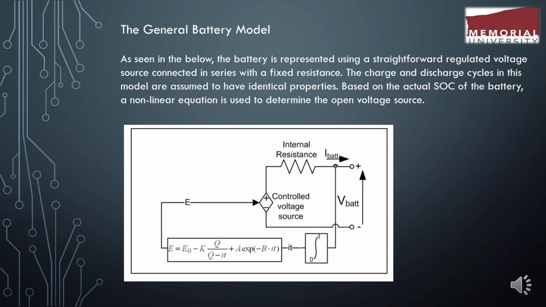About the formula in the box, R is for resistance, internal resistance, A for amplitude of the exponential zone, B for time constant inverse of the exponential zone, and as you see, V for voltage of battery, and small i for current of battery, and the integral of i dt is the actual charge of the battery.